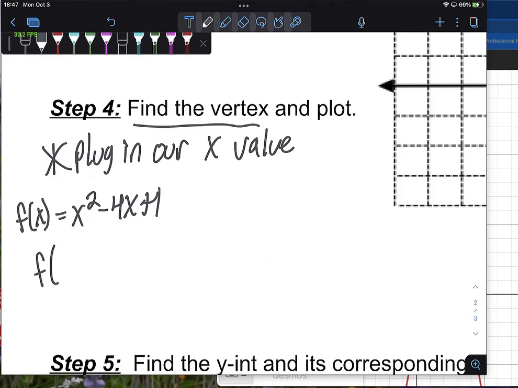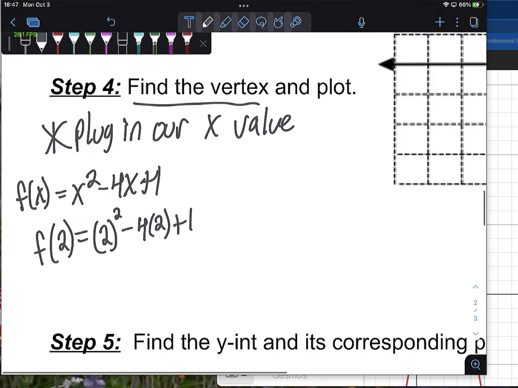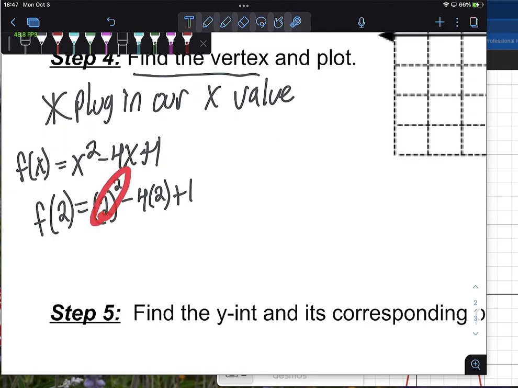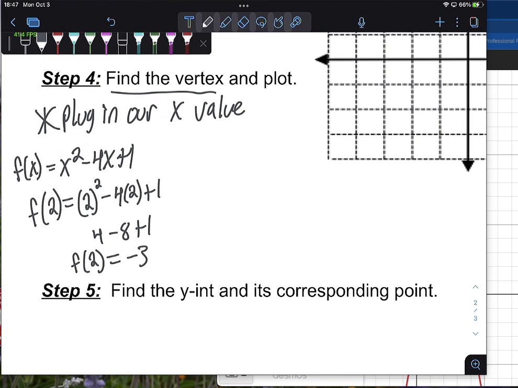So f of 2 is equal to 2 parentheses squared minus 4 parentheses 2 plus 1. 2 squared is going to give me 4 minus 8 plus 1. And then this right here, you guys, is going to give me f of 2 is equal to negative 3. So then my answer that I get is 2, negative 3. And this is my vertex.